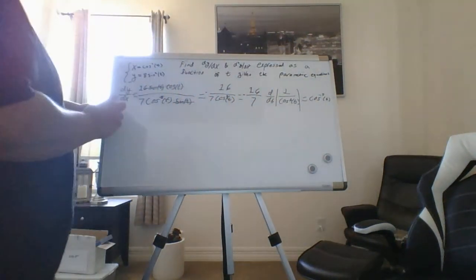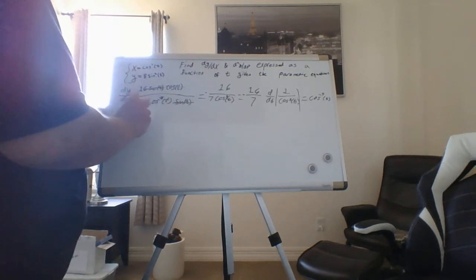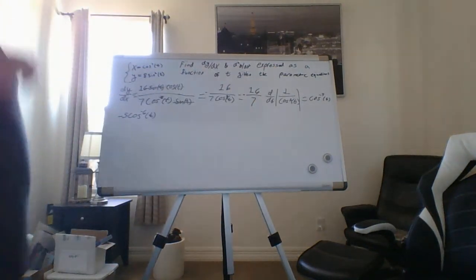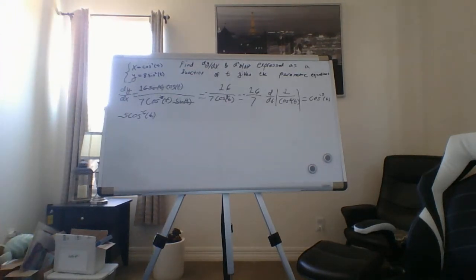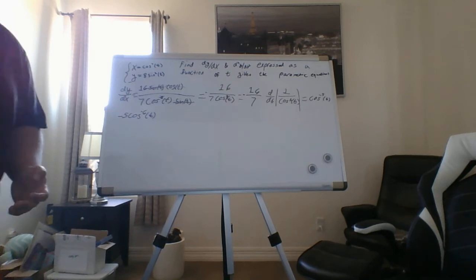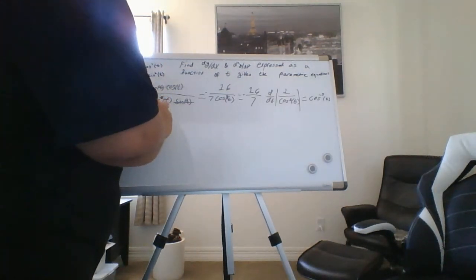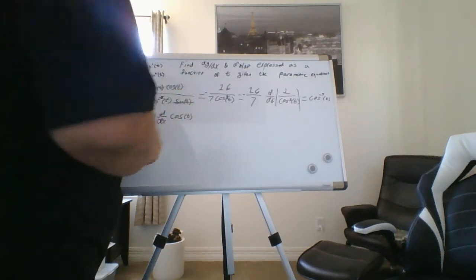So negative 5 comes out in front, and cosine to the negative 6, because we're subtracting by 1, that 5 gets bigger. It goes to negative 6, which sucks. But then, all we gotta do is take the derivative of cosine t.